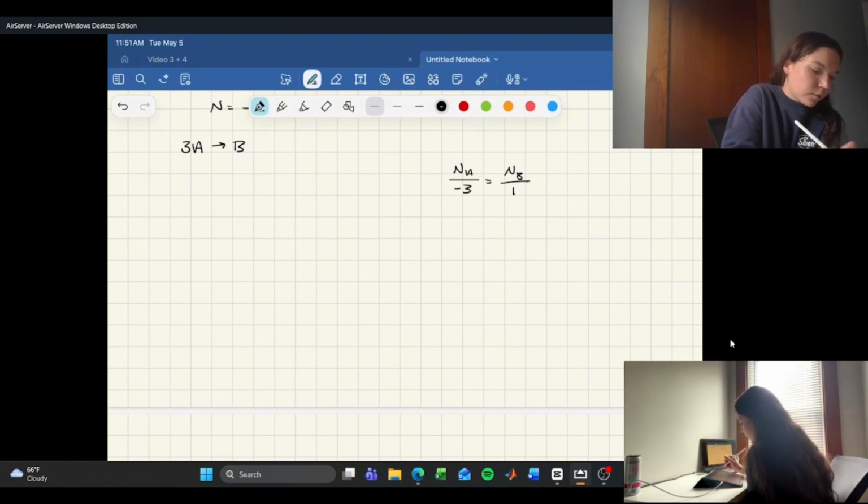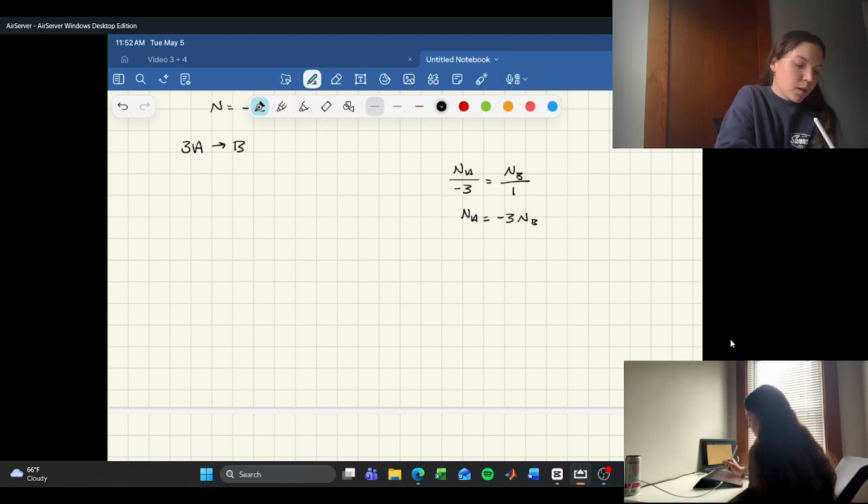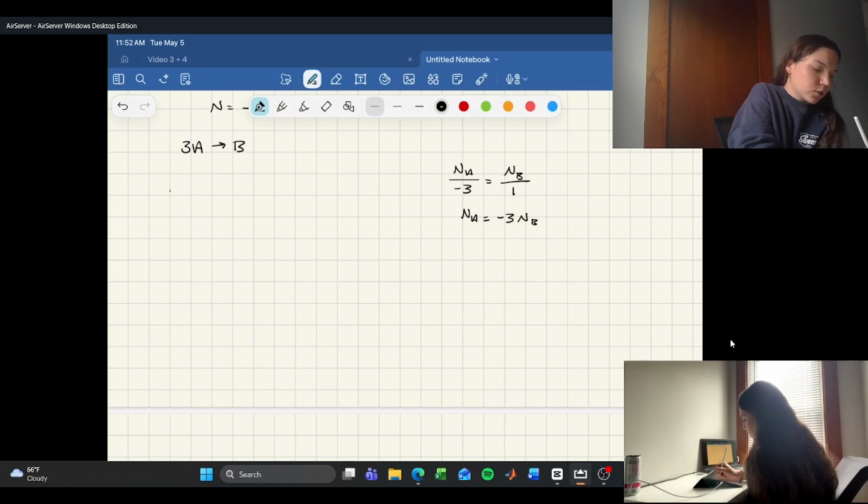And then this will give the molar flux of A is going to be equal to negative 3 times the molar flux of B. And then since we want to solve for just the molar flux of B, we're going to get negative 1/3 times the molar flux of A.